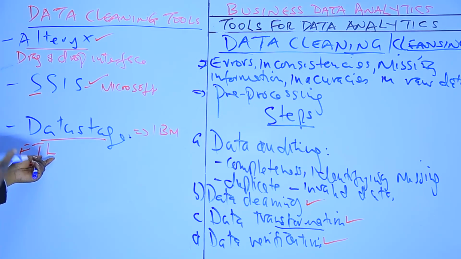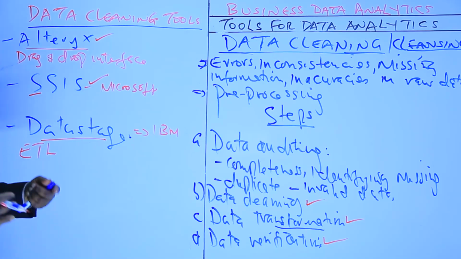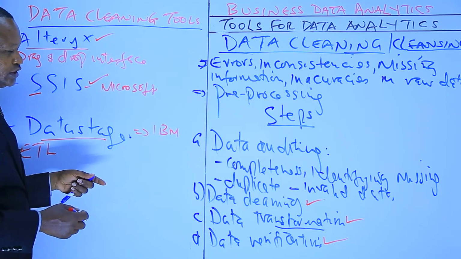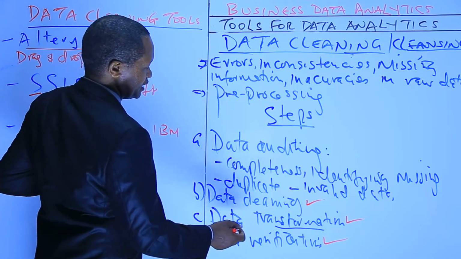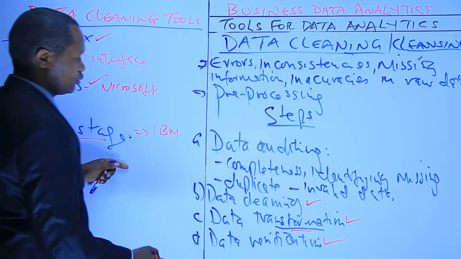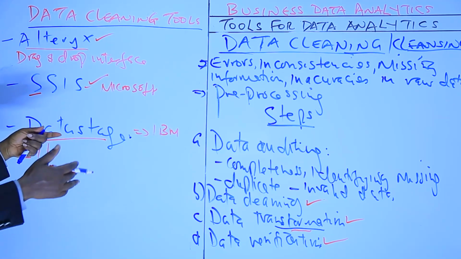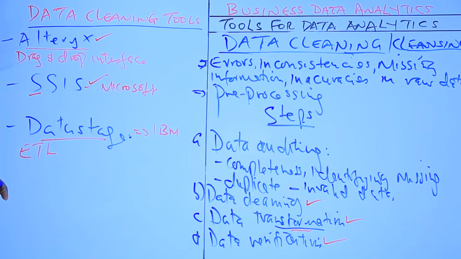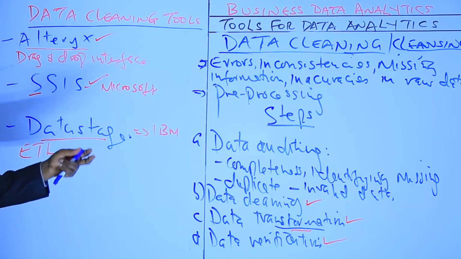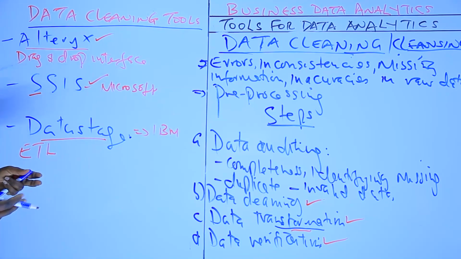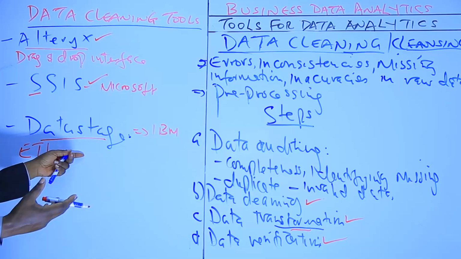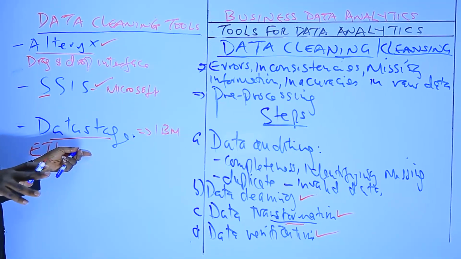It's used for data integration and transformation. You will recall the fourth stage in data cleaning is transformation. So when transforming data, this software can be used in doing that. Integration and transformation of large volumes of data, and that it does from various sources.